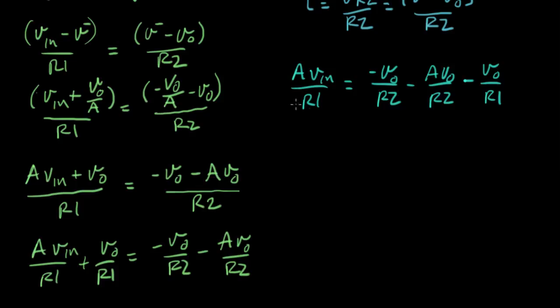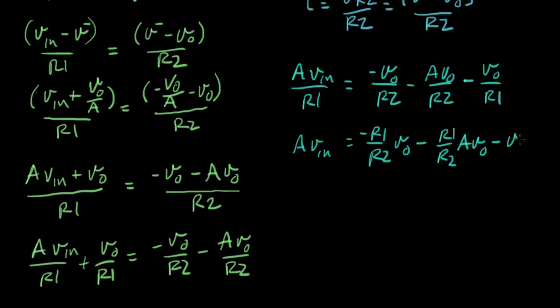And now let me clear the R1. We'll multiply both sides by R1. A V in equals minus R1 over R2 V naught minus R1 over R2 A V naught minus V naught. Yeah, the R1s cancel on that last term.